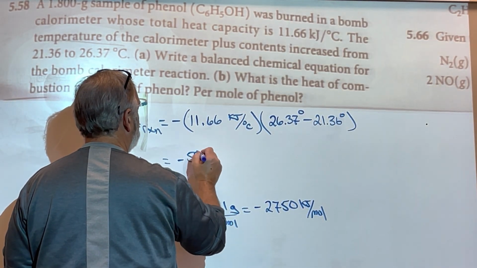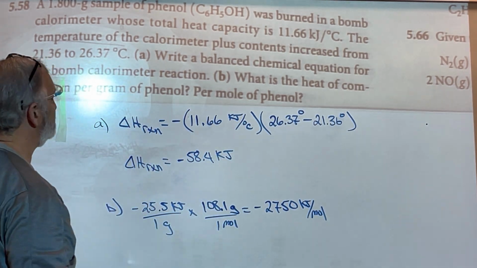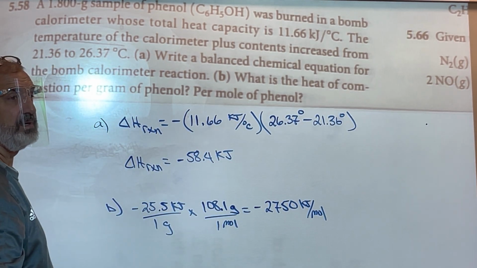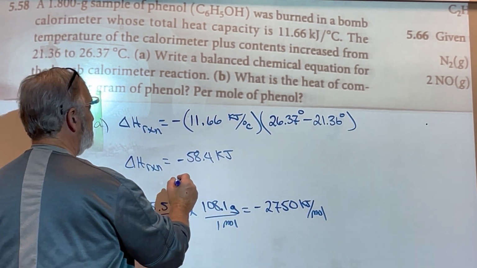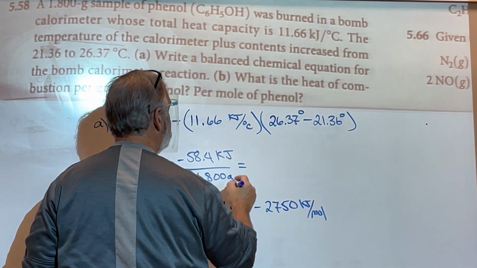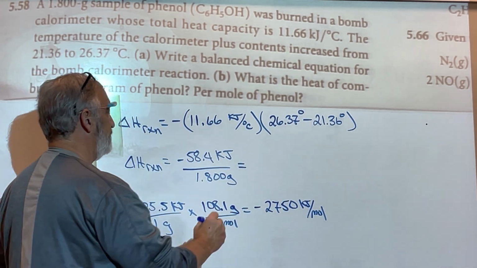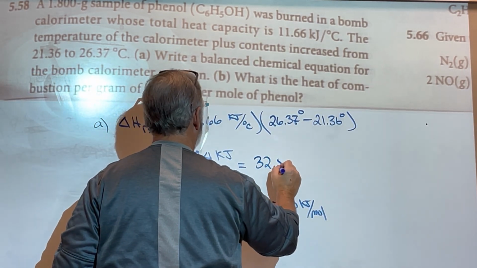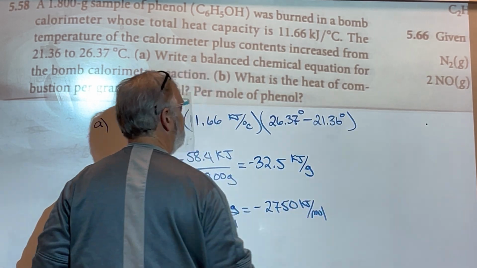Negative 58.4 kilojoules. But that's per how much? 1.800 grams. So we divide this by 1.800 grams, and we can get kilojoules per gram. Negative 32.5 kilojoules per gram.